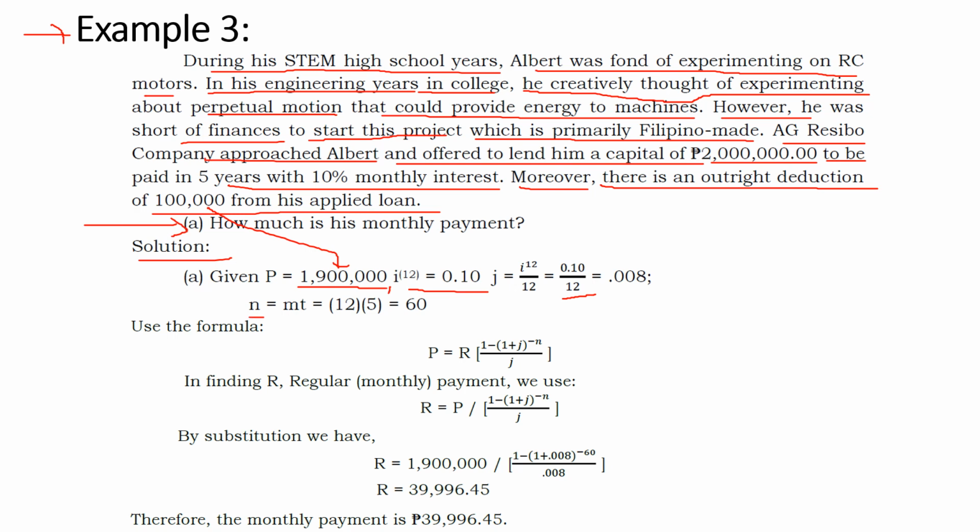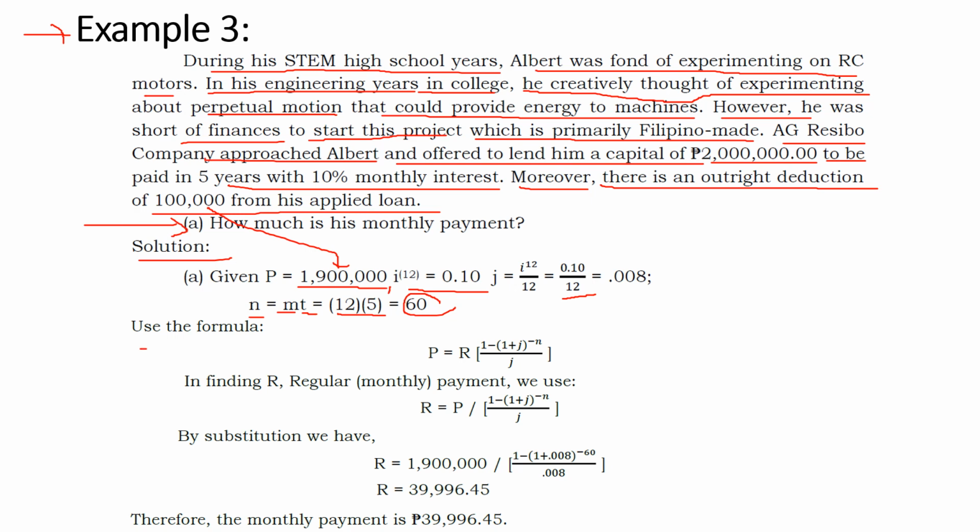Now for the n, your m is equal to 12 because this is compounded monthly. Then your t is 5 years because we're dealing with a 5-year contract. So 12 multiplied by 5 will be equal to 60, meaning there are 60 months within those 5 years. So that will be the number of conversion periods.